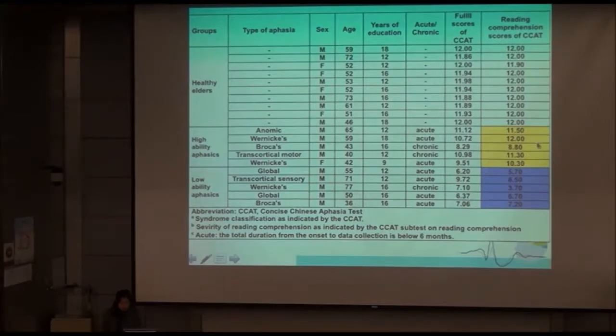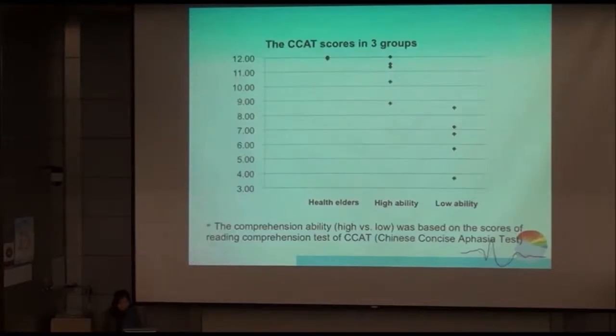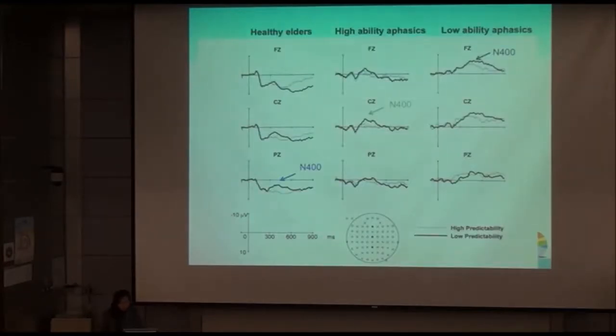So we subdivided the aphasic patients into two groups. One has high scores in reading comprehension, and the other group has lower scores in reading comprehension. And this is just the distribution. And here are the results from healthy elders that we just saw in the previous slides.